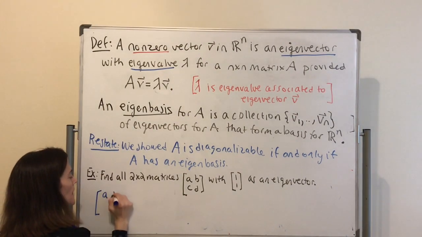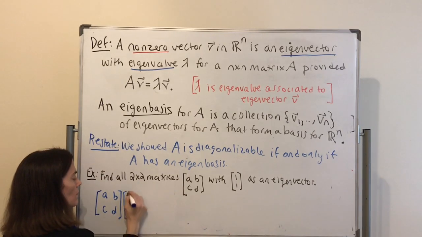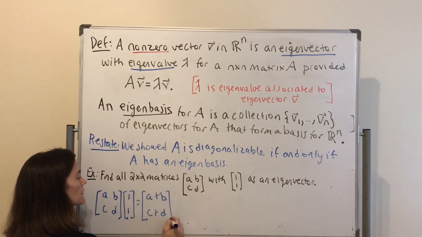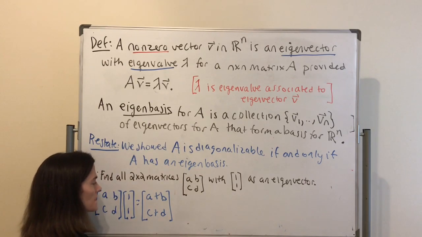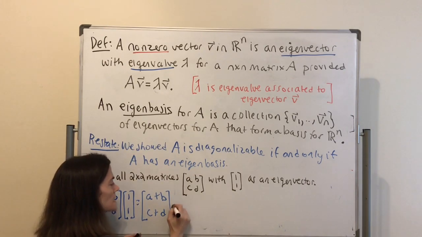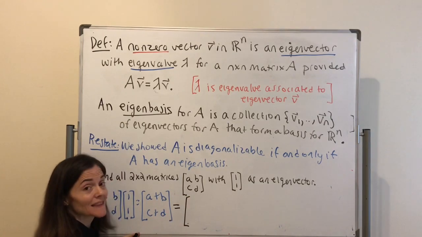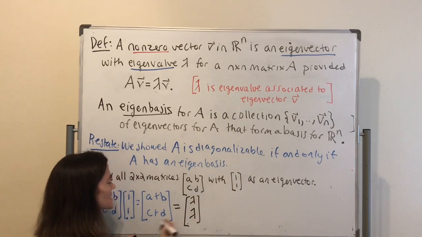When you multiply, this is A plus B, C plus D, and if this is an eigenvector, I want this equal to, well, if it's eigenvalue lambda, say, it would be some lambda, lambda, because this is what a multiple of this vector looks like.